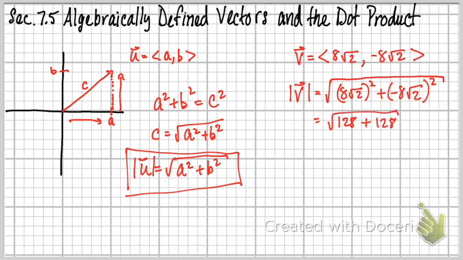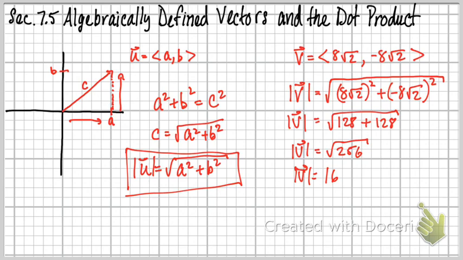So the magnitude of v is the square root of 256. So I know the magnitude of v equals 16. So this tells me, using this example of v equaling ⟨8√2, -8√2⟩, that the magnitude is 16.